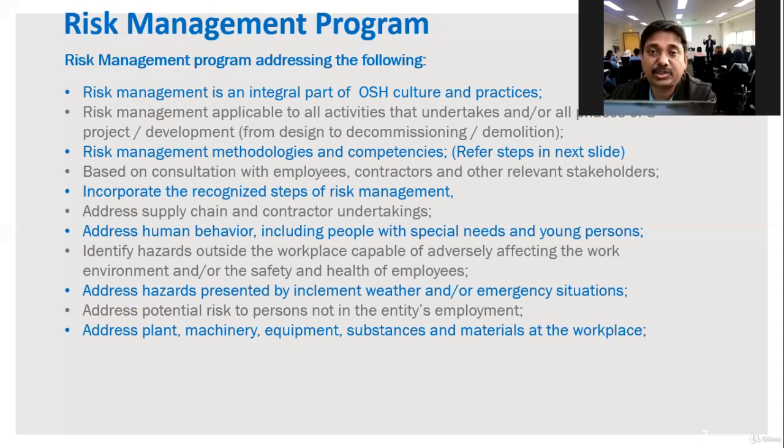Address the plant, machinery, equipment, substances and material at the workplace. So we have to identify the plant, how risky it is, where there is a chance of drawing inside. Suppose you have equipment running machinery, where your fingers or hand can be trapped inside, your dress can go inside. So these are all kinds of trap hazards we have to identify.